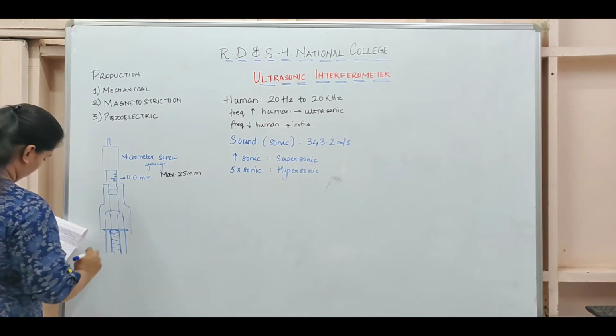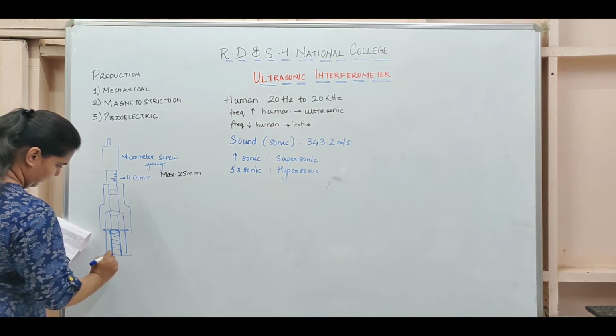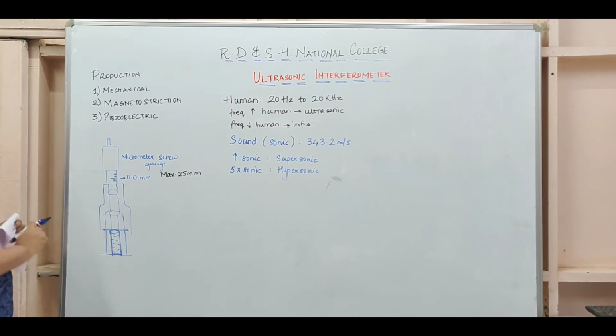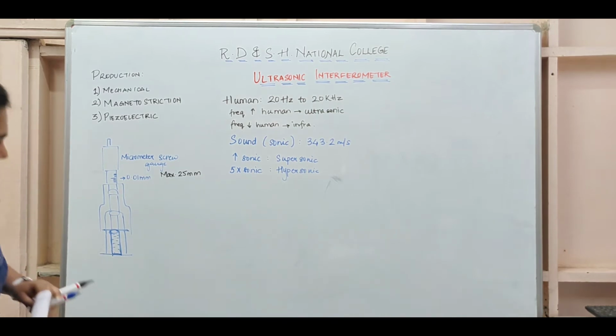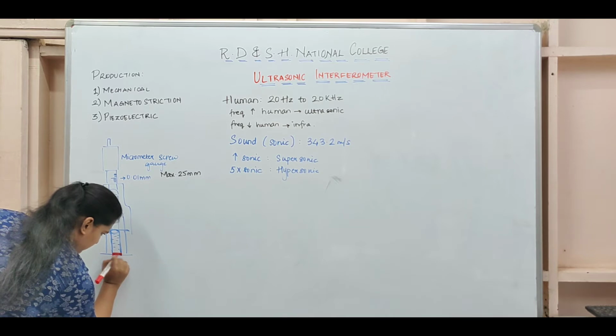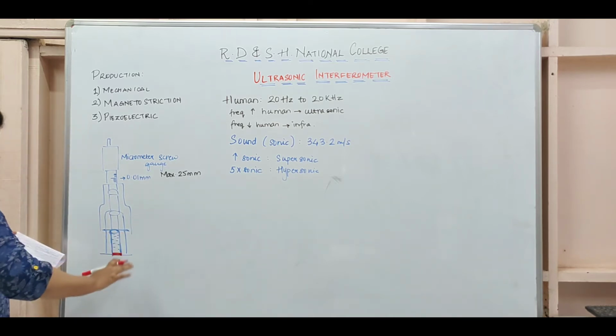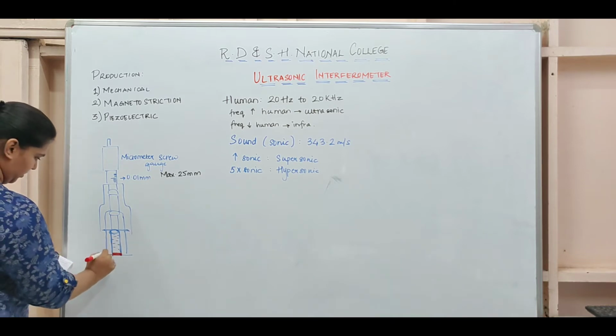At the bottom of this two-walled cylinder or vessel, you will have your quartz crystal placed here. I'll mark it with a different color. I'll add more detail later, like the names, but initially I'll just tell you what it is.